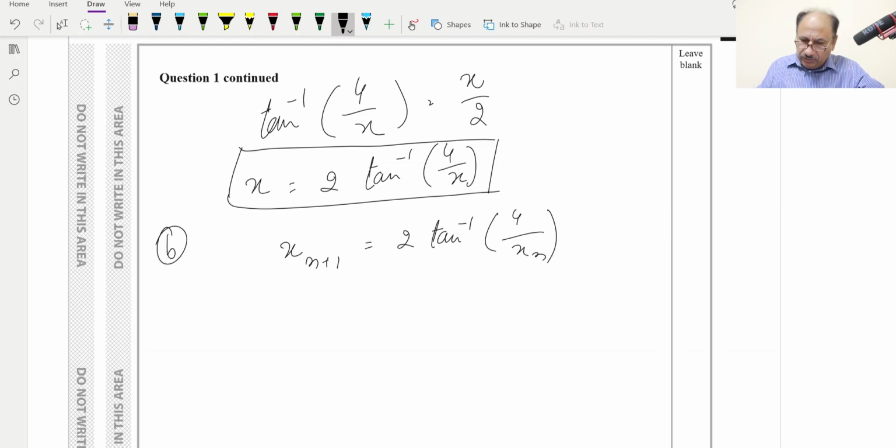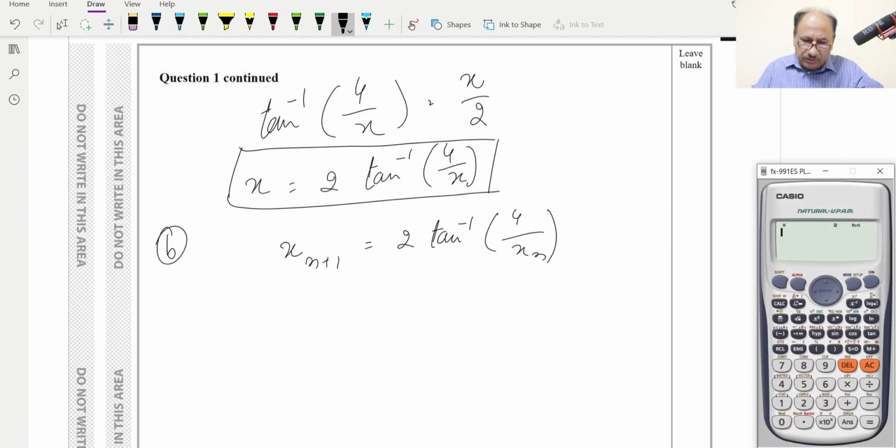So we can write this formula in the calculator. This will be 2 shift tan of 4 over x (alpha x), and the bracket will be closed, and we will start with x1 is equal to 2. So calculate for x is equal to 2, we will get 2.214.